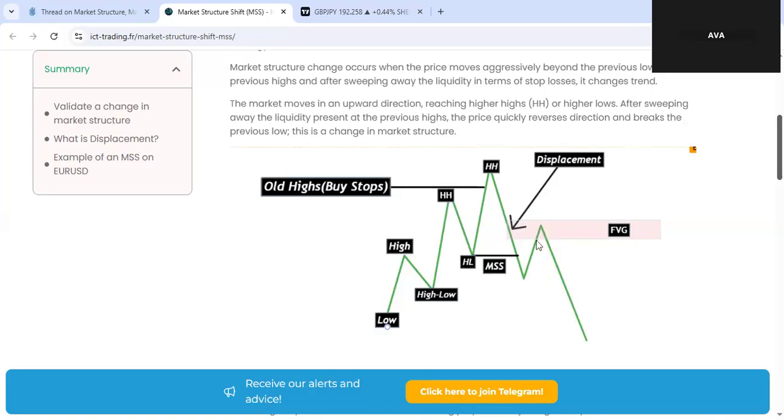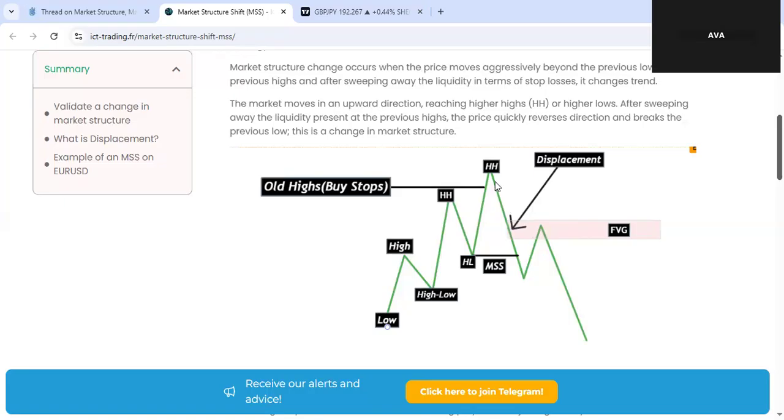So the market will pull back. Can you see? The market pulls back to the FVG here, and the market turns. But me, I always like to use an FVG that is very close to this area to give me the highest winning rate. I don't like to take trades in an FVG that is in the middle.